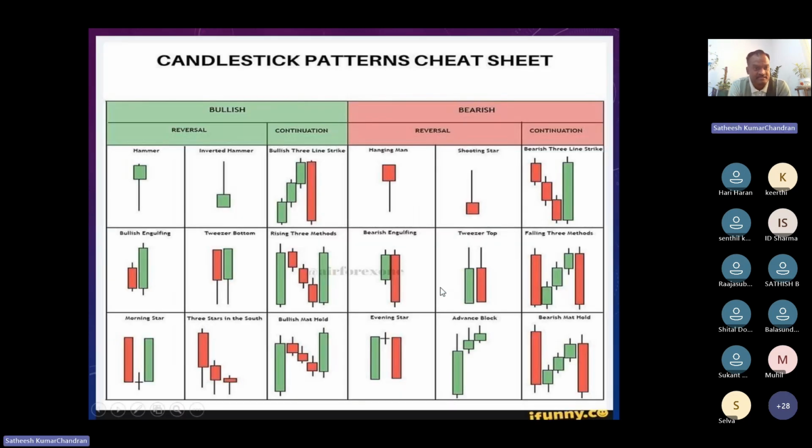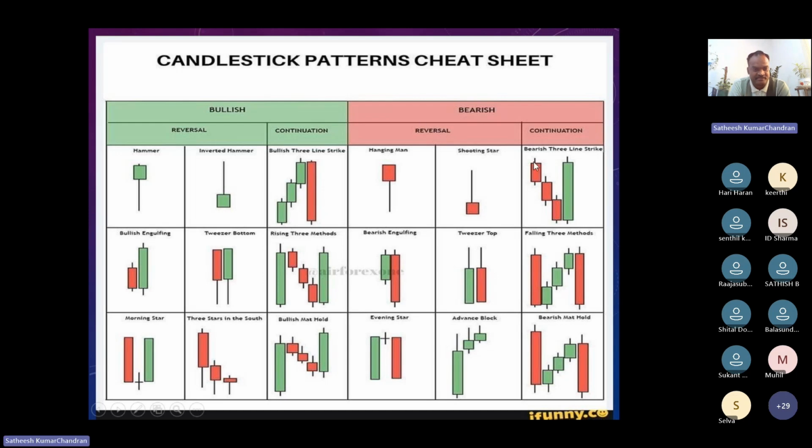Okay. See, these are bullish and bearish patterns. There are so many theories and techniques, and our brother Sendil is expert in that, and he shared some charts with me. I will show them. These are the basic patterns like hammer, bullish engulfing, bearish engulfing, evening star, morning star.